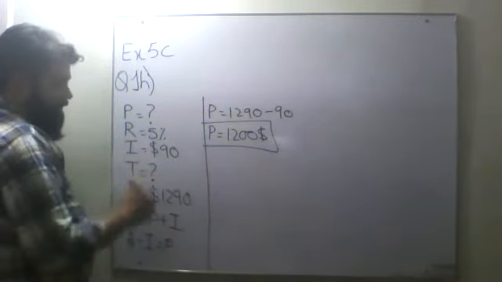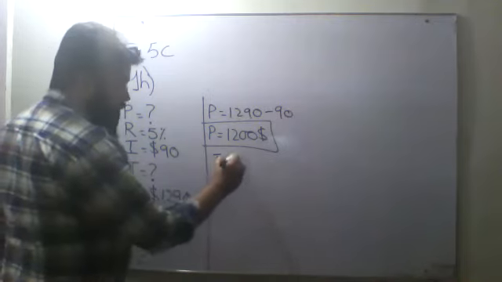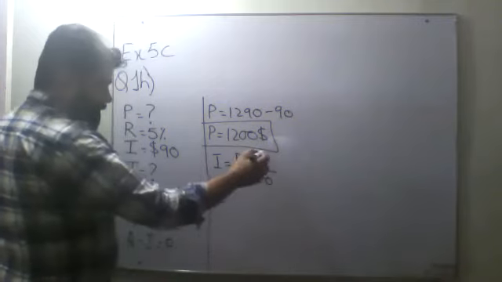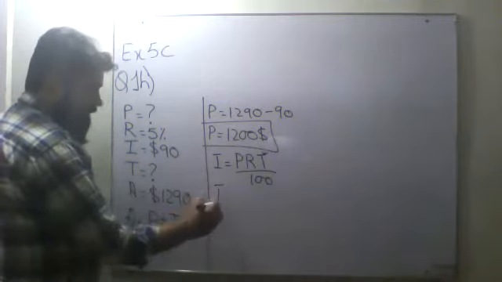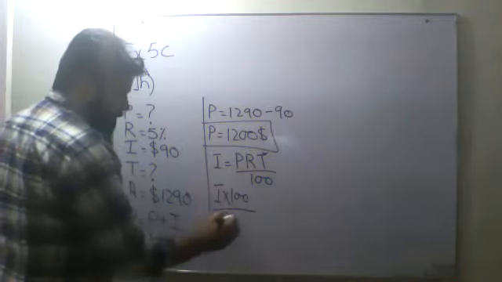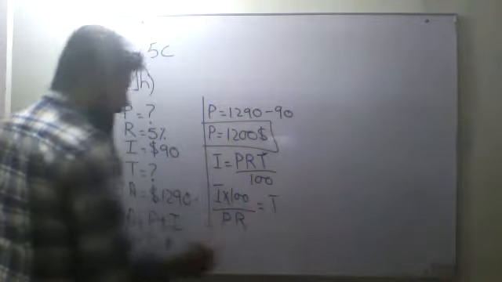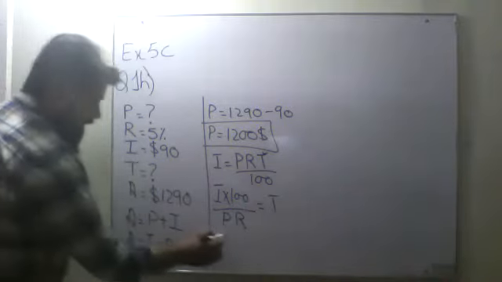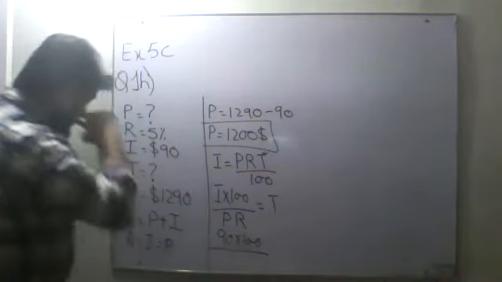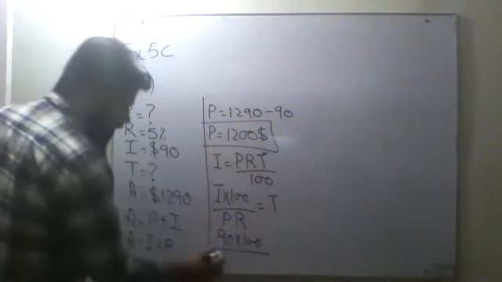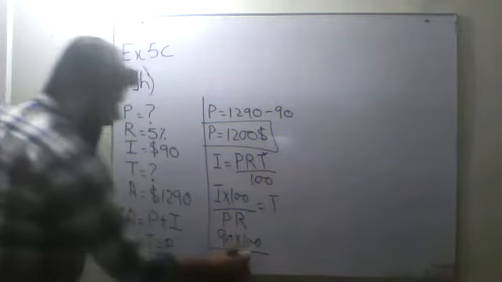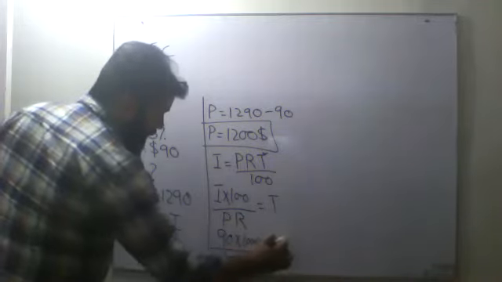Now I have to get the value of time. So I equals PRT over 100. I have to find this one, so I'm shifting everything to the other side. I into 100 divided by PR equals T. What's the value of I given, beta? Value of I is given 90 into 100 over P. P value I have found, 1200, and R value is given, 5, equals time.